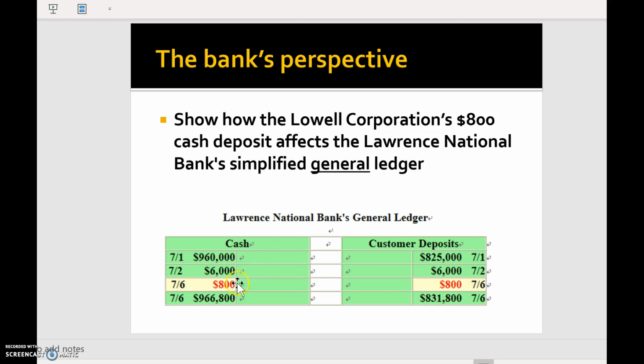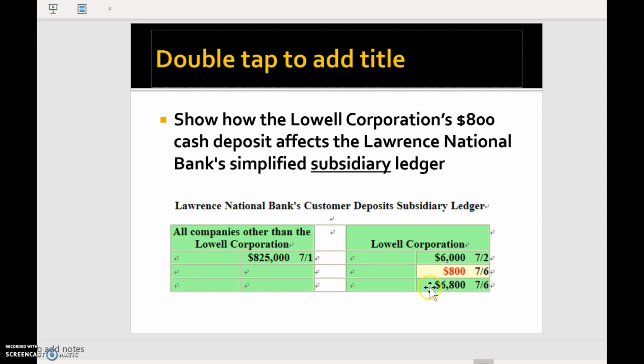Whenever a company deposits cash in the bank, it becomes a liability of the bank, because the bank has the cash but it owes the customer. Whenever the customer, in this case Lowell, needs to withdraw the cash, the bank has to provide the cash, so it is a liability to the bank.